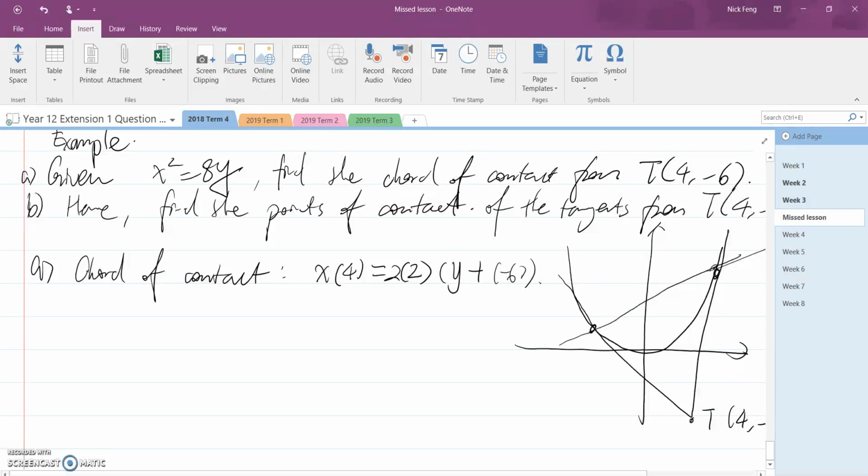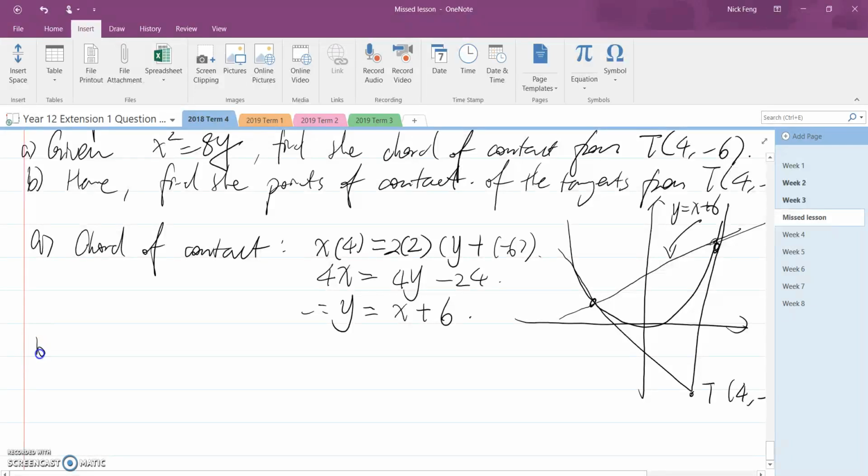So simply just sub that in. That's all. So therefore, what do we have? We have 4x equals 4y minus 24. Therefore, simplify a little bit, y equals x plus 6. So this line here is y equals x plus 6, which is the chord of contact.